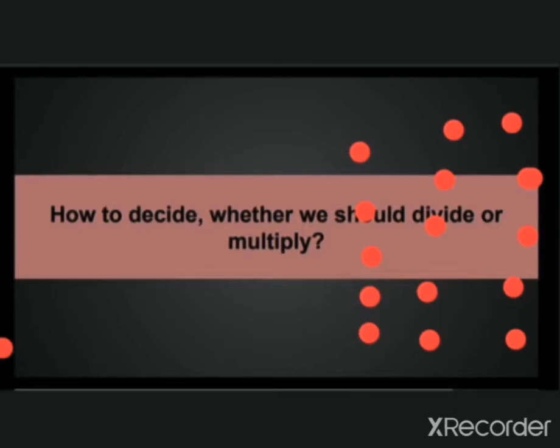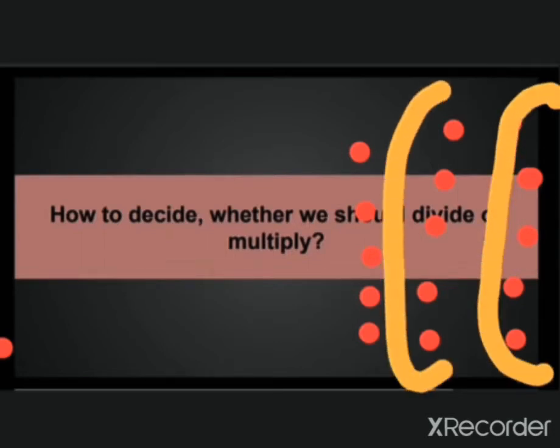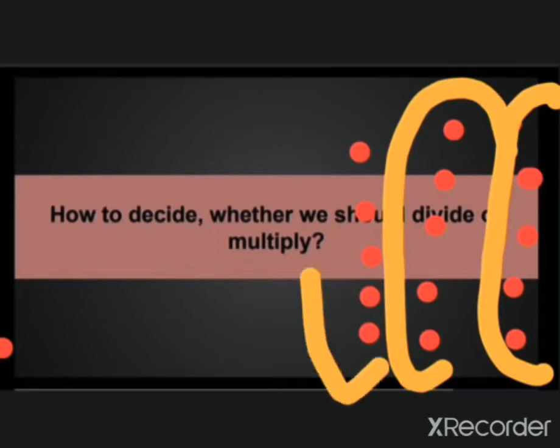Now we have to divide them into 3 groups because we have 3 months and we need to know about each month. So let's divide. First month, this one is the second month, and this one is the third month. We have distributed the stars equally into each month.